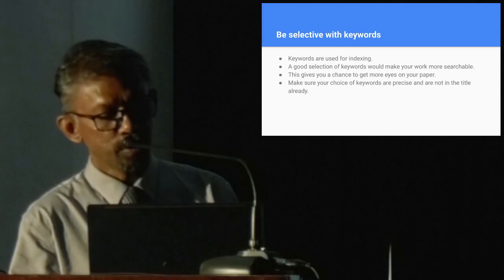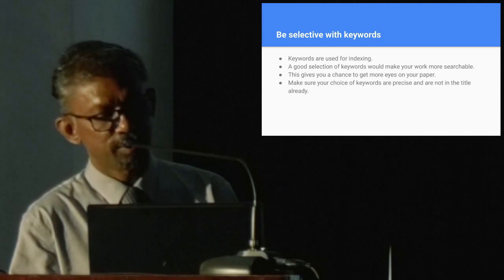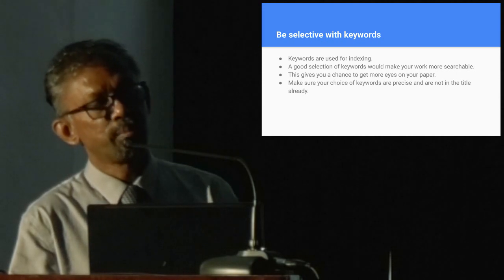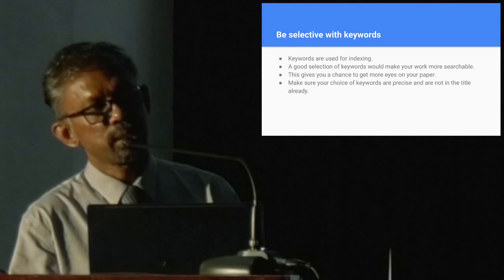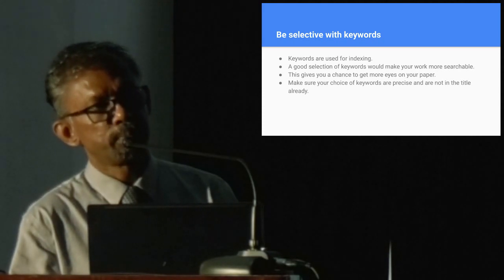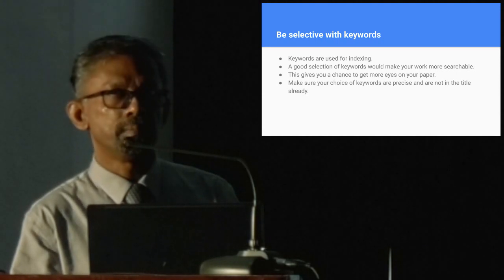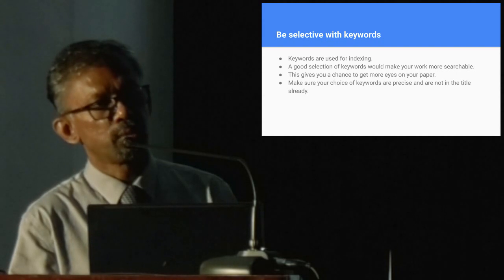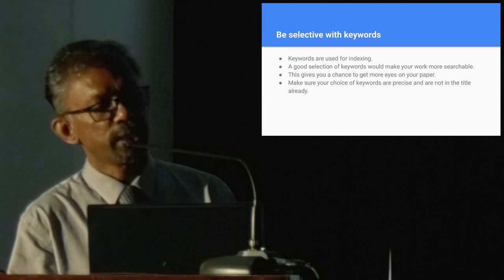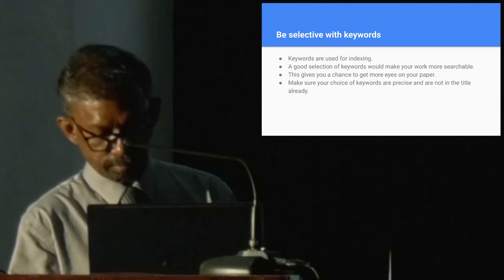And also we should try to be precise. So rather than saying, for example, agile software development, we should look for a particular aspect of agility and use that as a keyword.